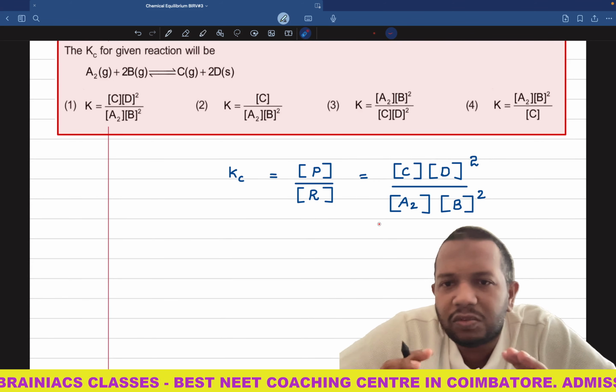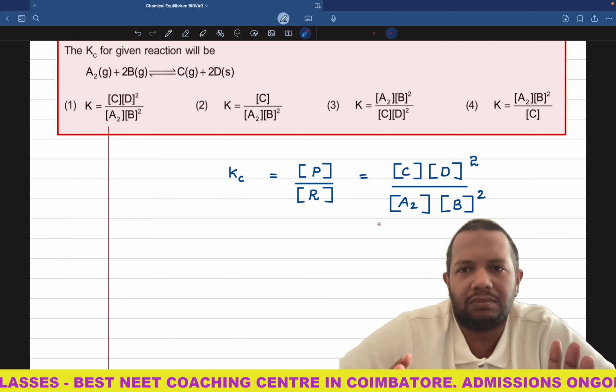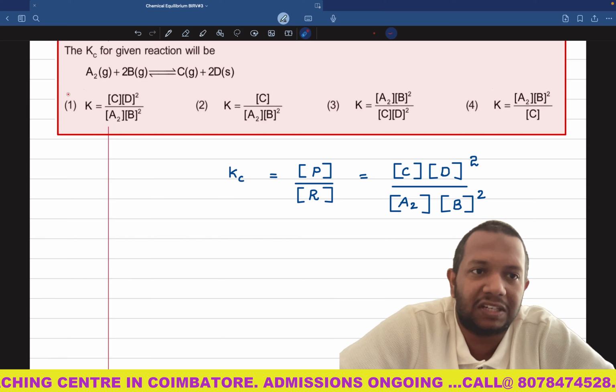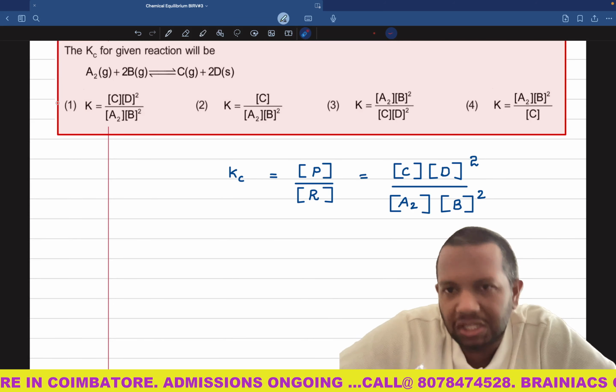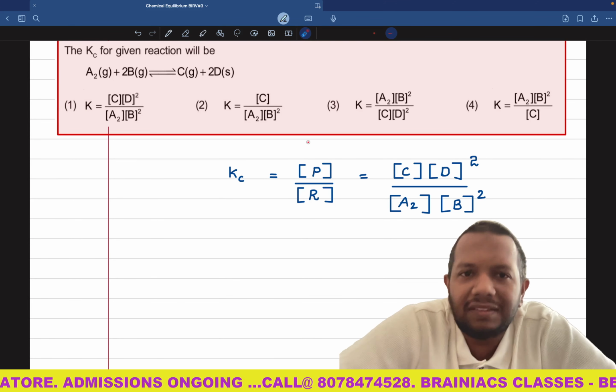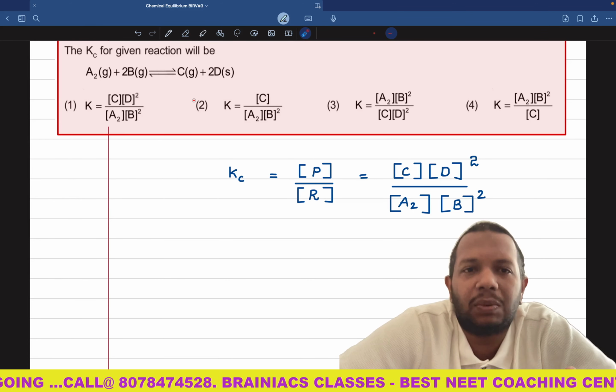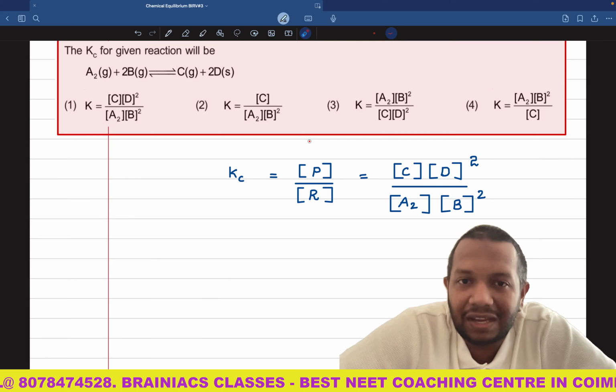Now most of the students will stop the answer at this point, and maybe this option might be present in the options, especially as option 1. But please check, very important, this equation is applicable only for gases. For solids and pure liquids, the concentration is always taken as unity.